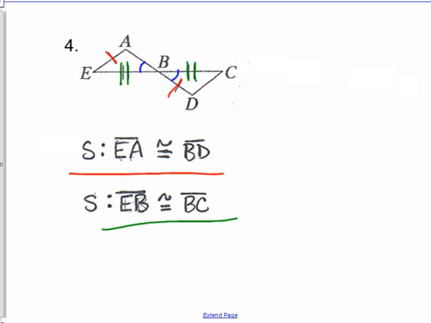So I'm going to say angle ABE is congruent to angle DBC by the vertical angle theorem, except now there's a problem.